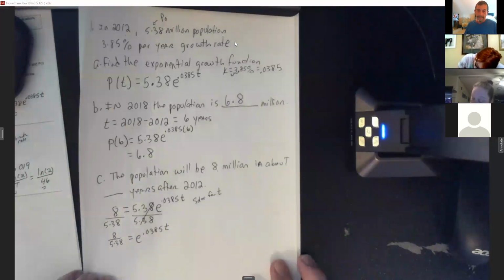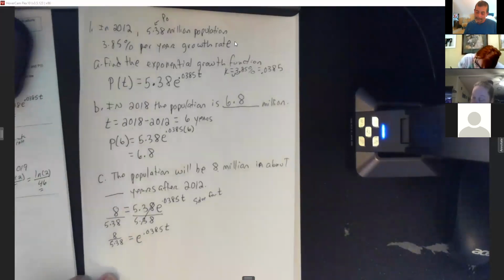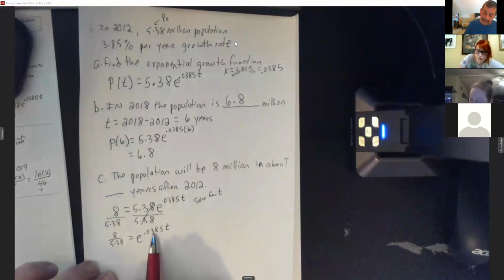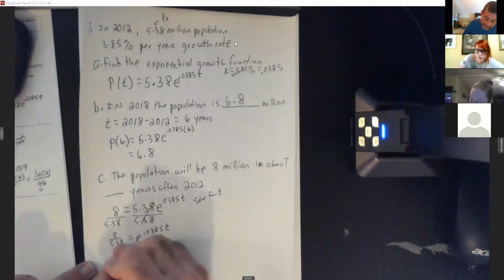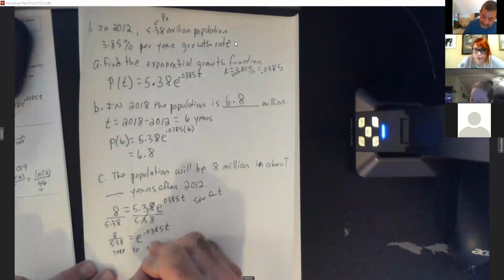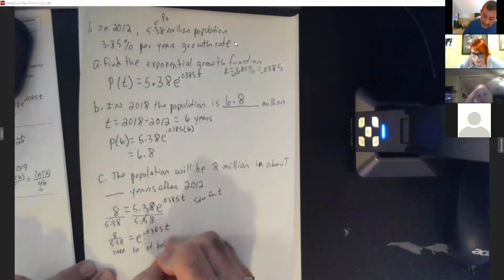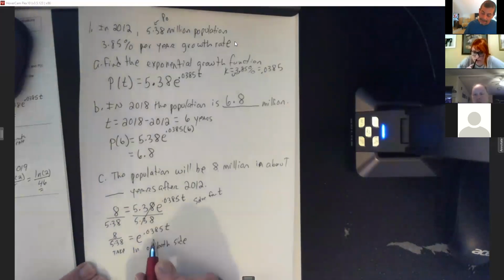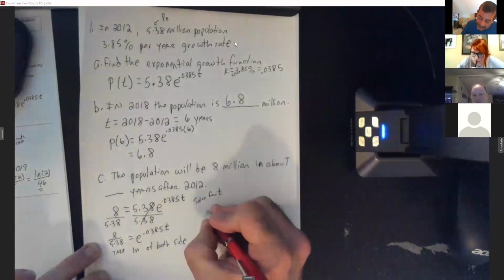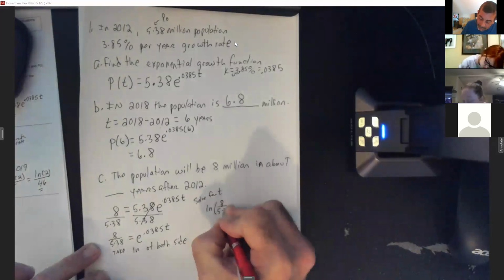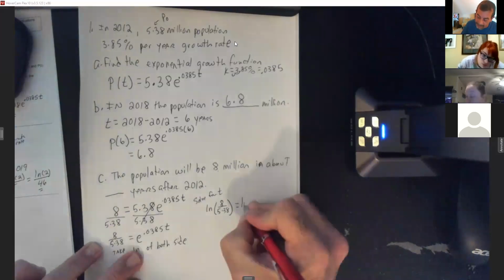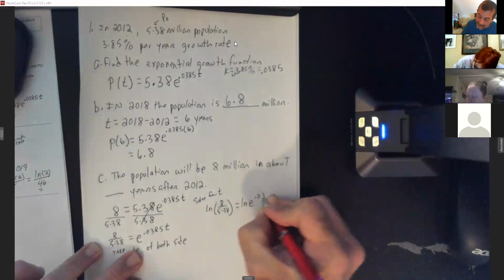Now, to bring that exponent down, we got to take ln of both sides. Remember, the ln brings those exponents down. So we will have the ln of 8 divided by 5.38 equals the ln of e to the 0.0385t.